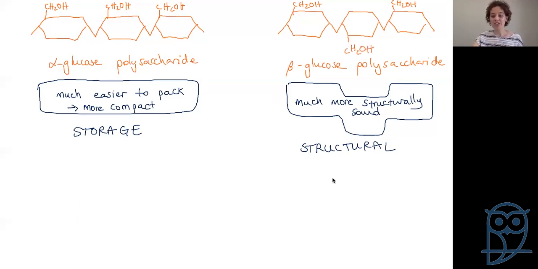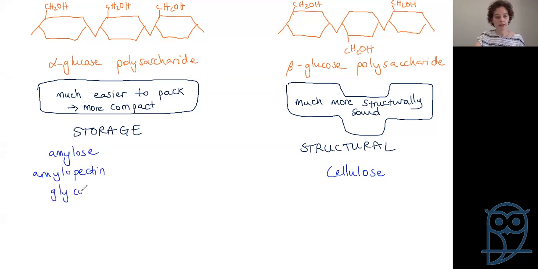Okay, so for structural, we have just the one we're going to deal with: cellulose. For storage, we've got three: amylose, amylopectin, and glycogen. These two form starch.